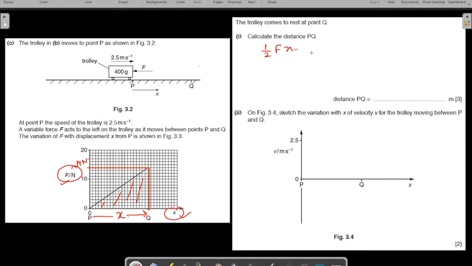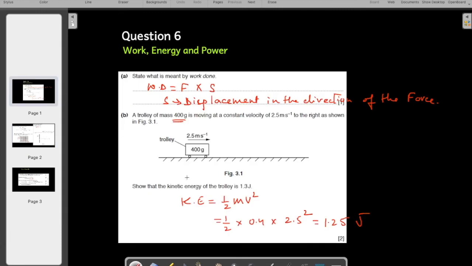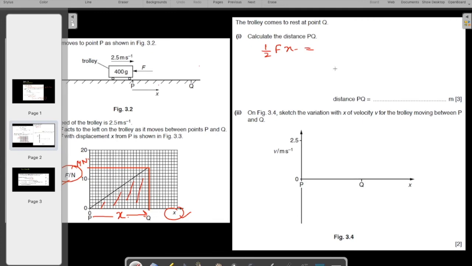So let us substitute. How much should this work done be equal to? This work done should be equal to the initial kinetic energy that you started with, using the law of conservation of energy. Energy does not get created or destroyed, it stays conserved. This should be equal to 1.25.